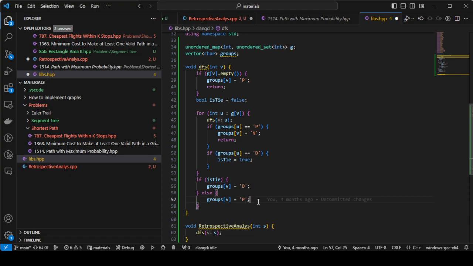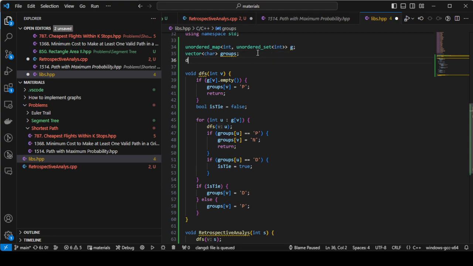Okay, let's add a vector of char visited.